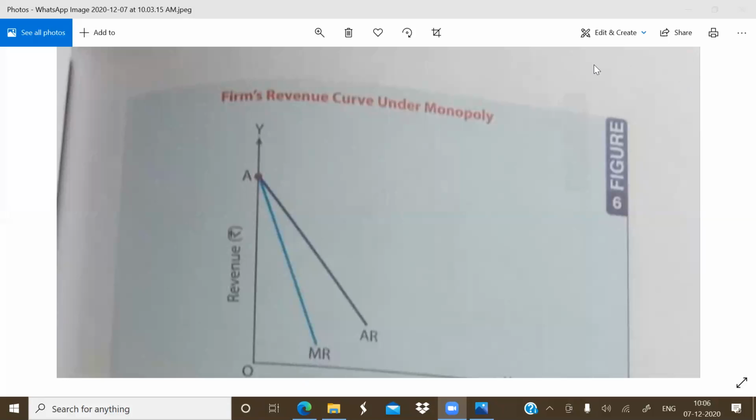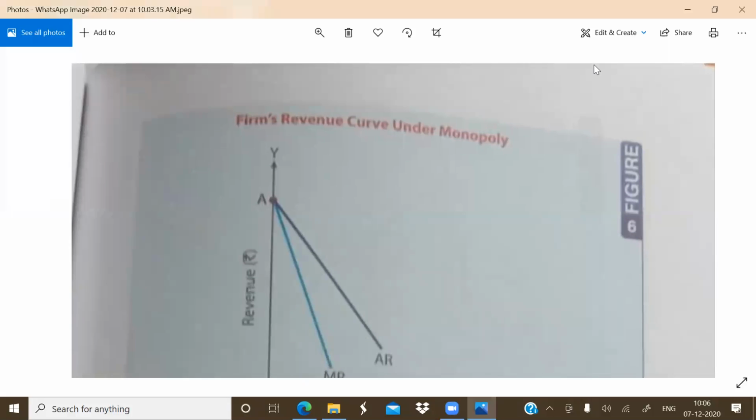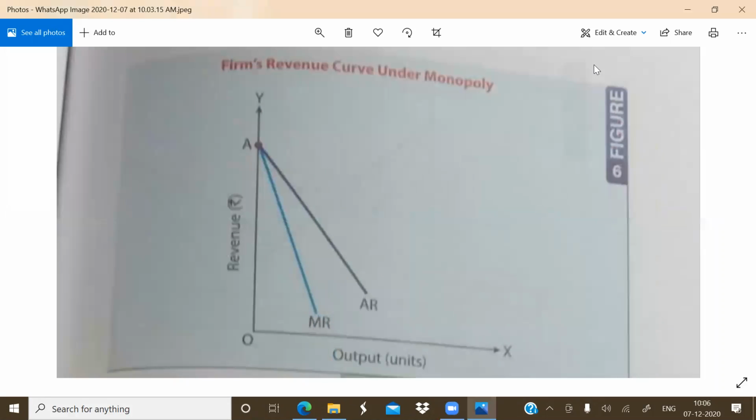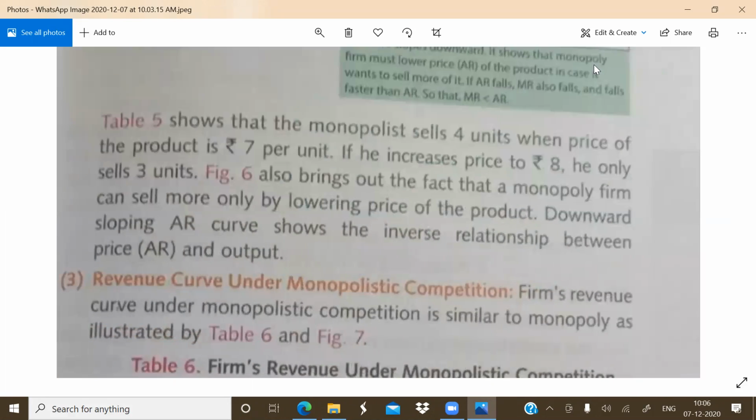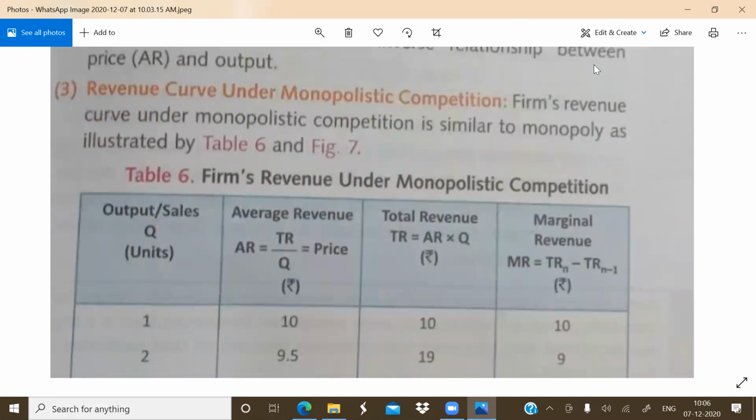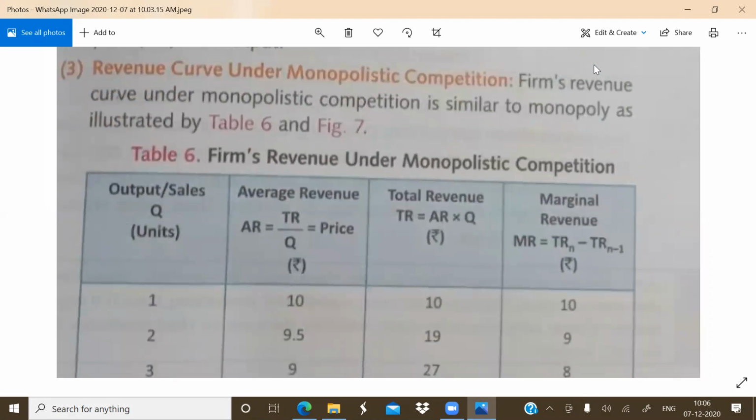In case of the monopoly, our average revenue and marginal revenue will move in this slope. After that, the third situation is the revenue curve under monopolistic competition.